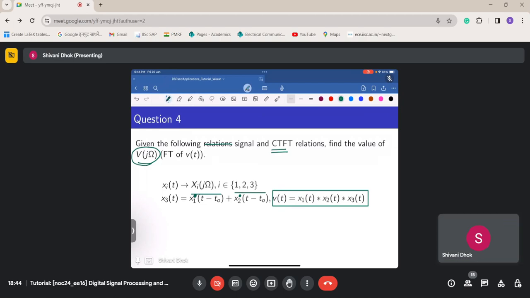For giving questions, in exam or assignment, will you be using star notation for conjugate? I don't think so, it will most probably be bar. Whatever notation the instructor uses. Sir, the standard notation, why is it special for IIT Mumbai? I don't know, sir, I don't belong there. I request you to please write to the instructor, post it in the common forum. I'll email the teaching assistant, madam.